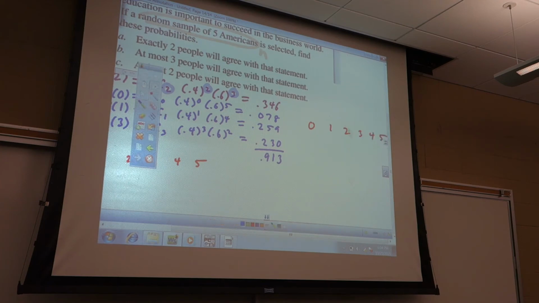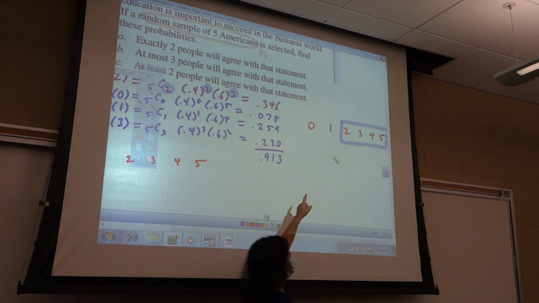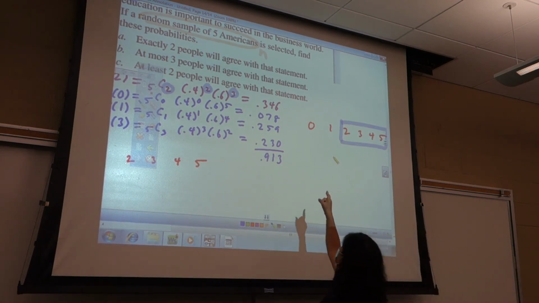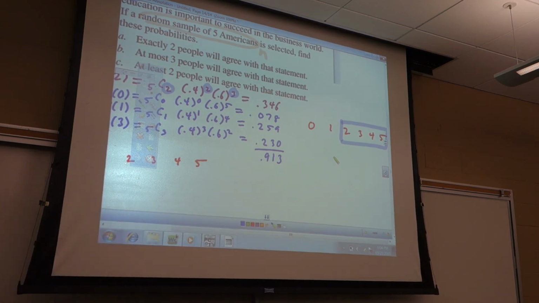I want these 4. Everybody with me? But what do I know about all of them? If I add up all those probabilities, 0 through 5, I better get what? 1, or 100%. So if I want the probability of 2, 3, 4, and 5, I can just take the probabilities of 0 and 1 and subtract them from 1. I can just find this, subtract it from 1 to get the blue. 1 minus the red gives me the blue.